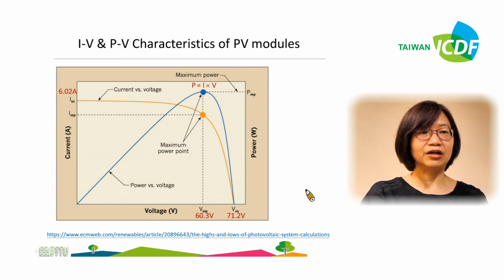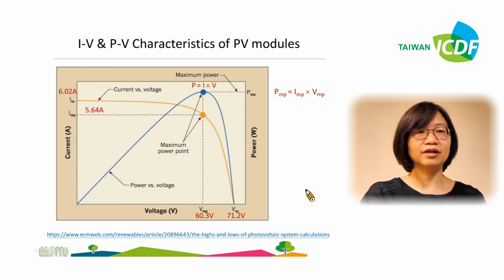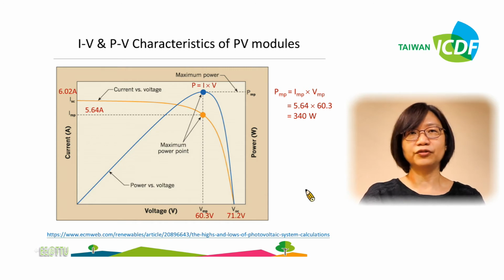At this maximum power, the voltage in this case is 60.3 volts, and the current is 4.64 amps. If you multiply these two terms together, you get the maximum output power, in this case equivalent to 340 watts.